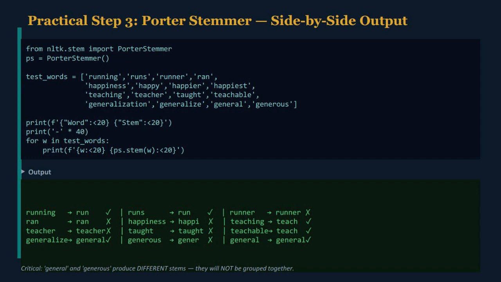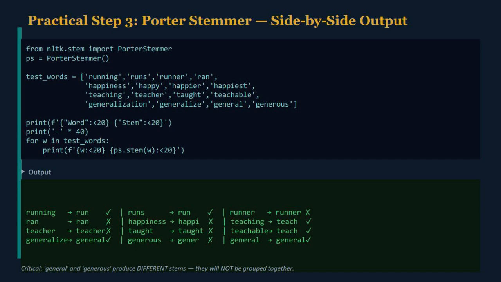I want you to pay close attention to what this output tells us. Notice the successes: running, runs, and teaching, all correctly reduced to run and teach. Now notice the failure. Rain does not reduce to run. It stays as rain.